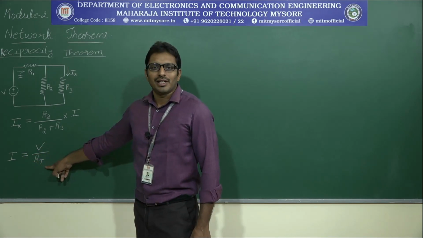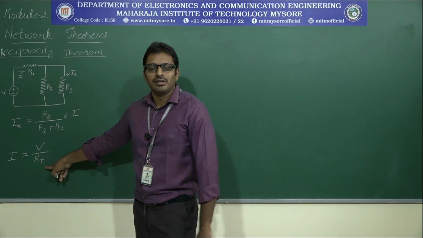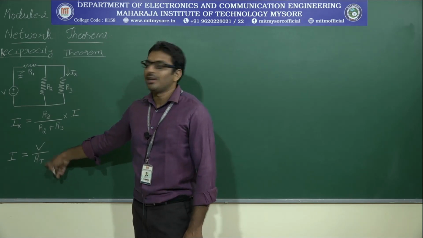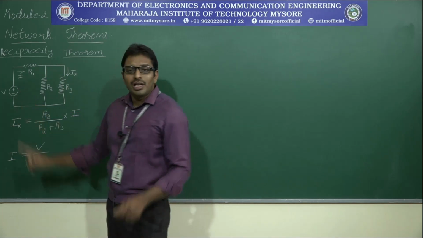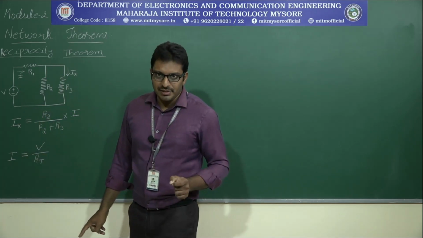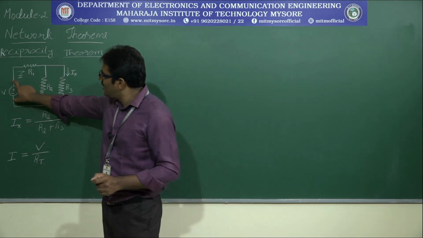RT means total resistance, or else we can also call it the effective resistance of the circuit. Say, voltage is usually measured under open circuit condition. That's why we can open the terminal at this point.